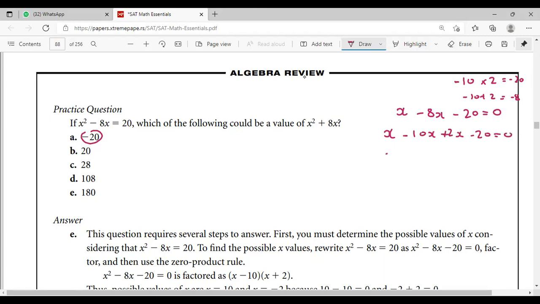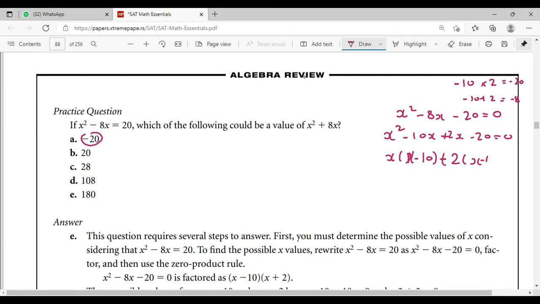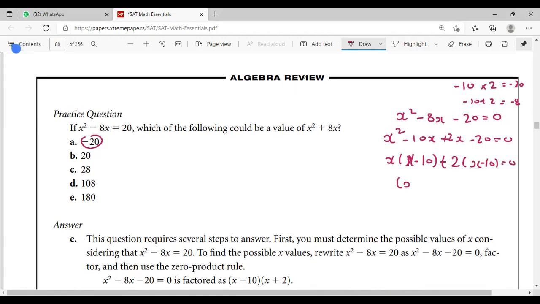This is x square, x minus 10, and we can take 2 as common, so it would be x minus 10 again. So the two factors would be x plus 2 and x minus 10.